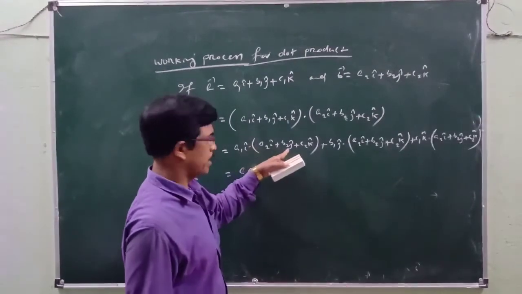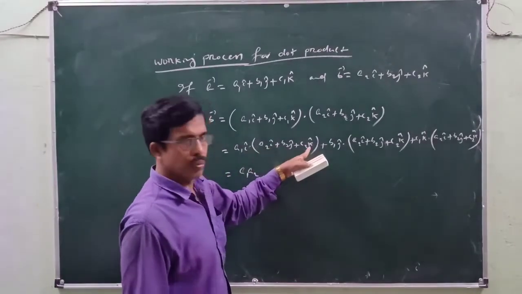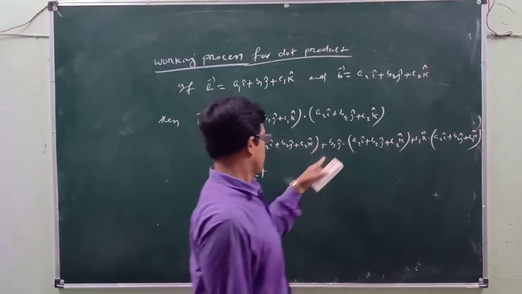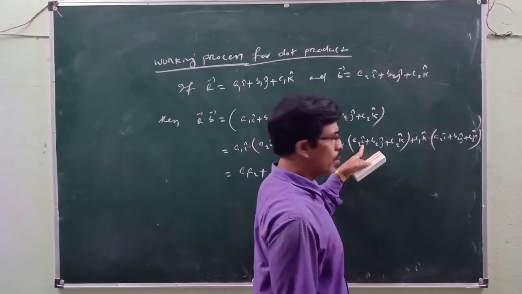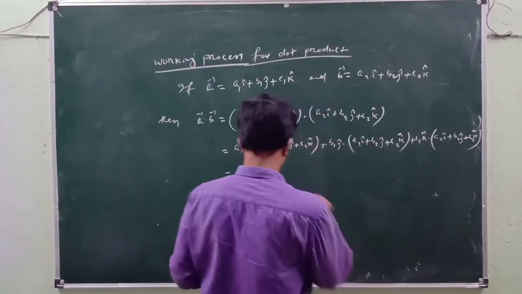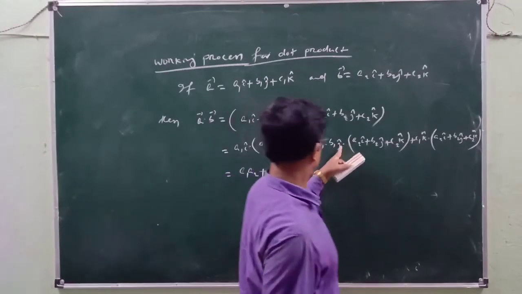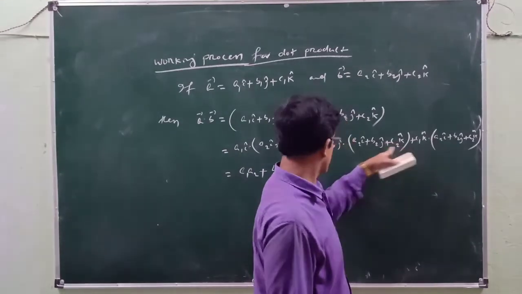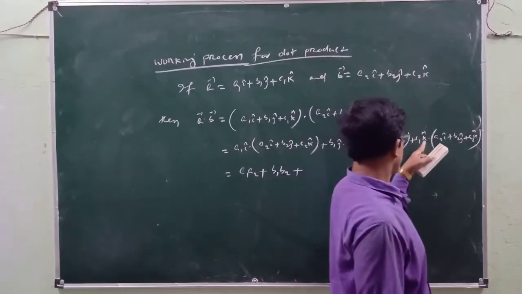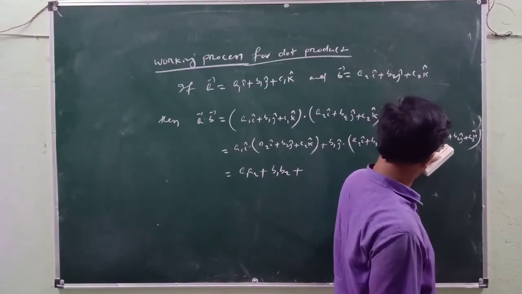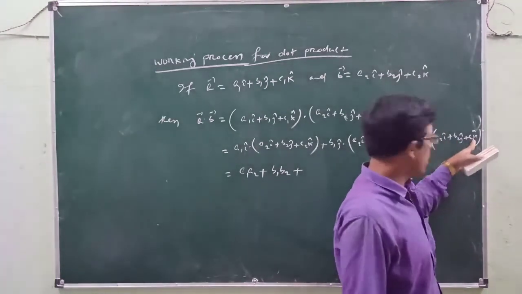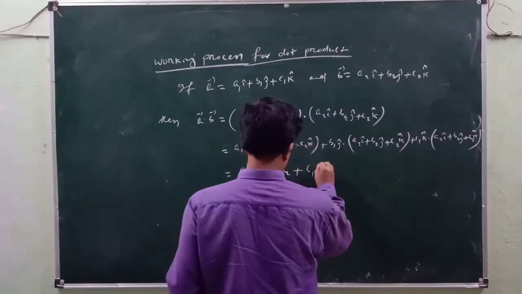Then I cap dot J cap is 0, I cap dot K cap is 0, so the first term will be A1 A2. For the second term, J cap dot I cap will be 0 and J cap dot J cap is 1, so here B1 B2. Then J cap dot K cap is 0, so the second term gives you B1 B2. Now the third term. Here C1 K cap, K cap dot I cap is 0, K cap dot J cap also 0, and K cap dot K cap is 1, so the third term's result will be C1 C2.